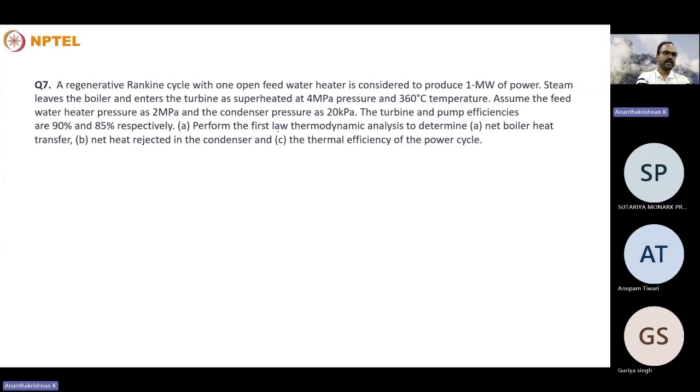Steam leaves the boiler and enters the turbine as superheated at 4 megapascal pressure and 360 degrees Celsius temperature. Assume the feed water heater pressure as 2 megapascal and condenser pressure as 30 kilopascal. The turbine and pump efficiencies as 90 and 85% respectively. Perform the first law thermodynamic analysis to determine net boiler heat transfer, net heat rejected in the condenser, and the thermal efficiency of the power cycle.